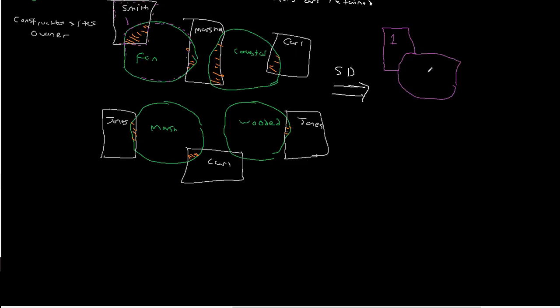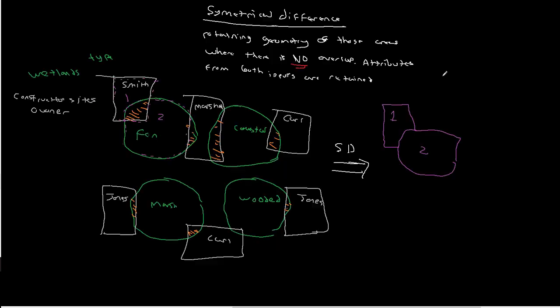So this would be 2. Now the key thing with 2 is that there's actually going to be a hole. I'm going to emphasize that by outlining it in yellow. This yellow area, this is a hole.